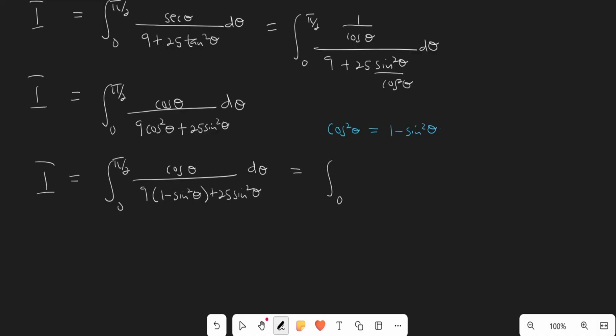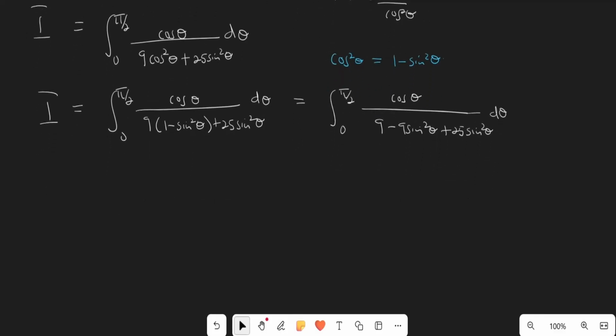That is the integral from 0 to pi over 2 of cosine of theta at the numerator, divided by 9 minus 9 sine square of theta plus 25 sine square of theta, d theta.